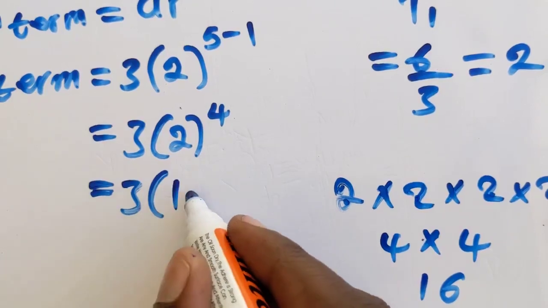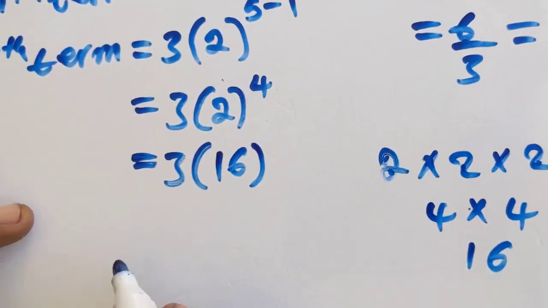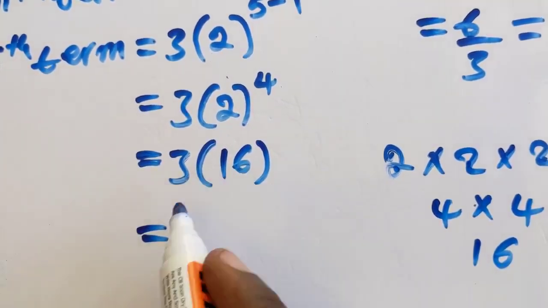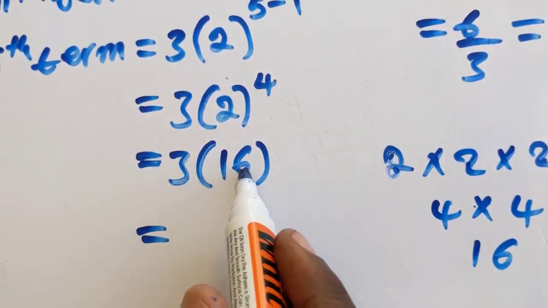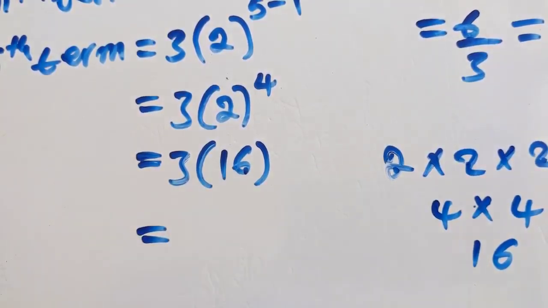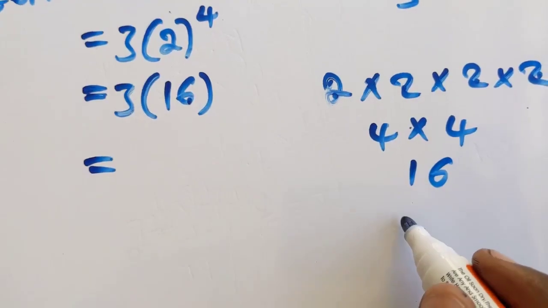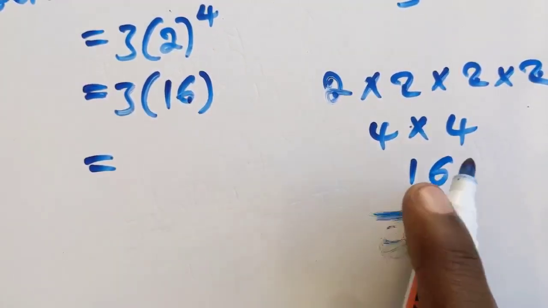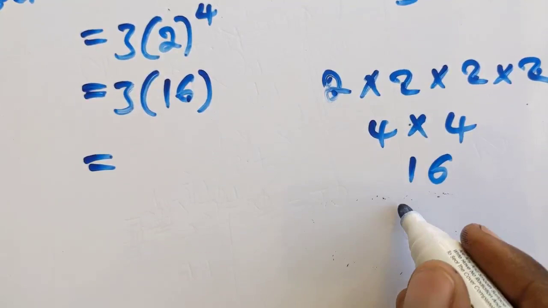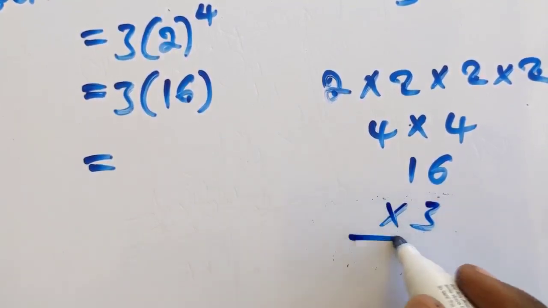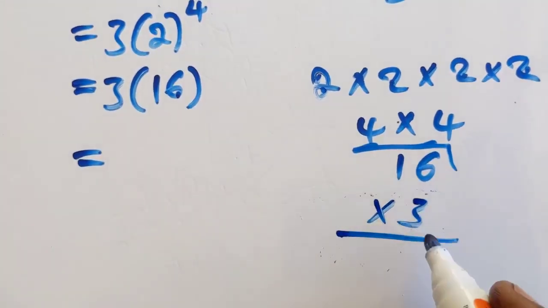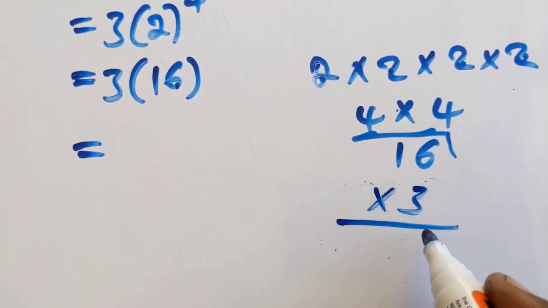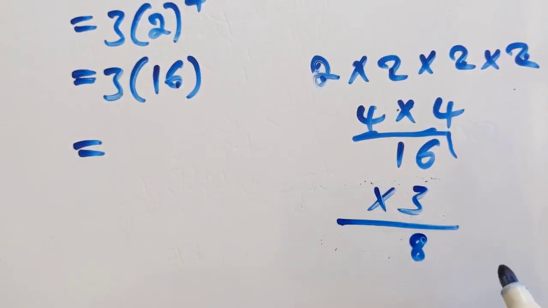So that means you're going to put 16 in here. Then you're going to multiply 3 times 16. Simple mathematics. We multiply starting from here. 3 times 6, the answer is 18.